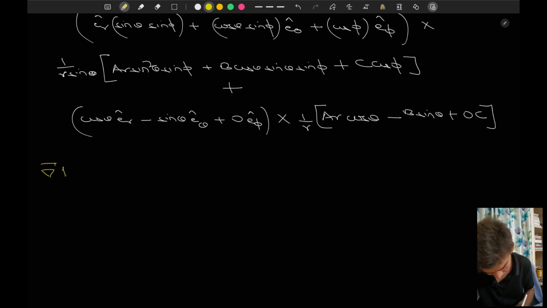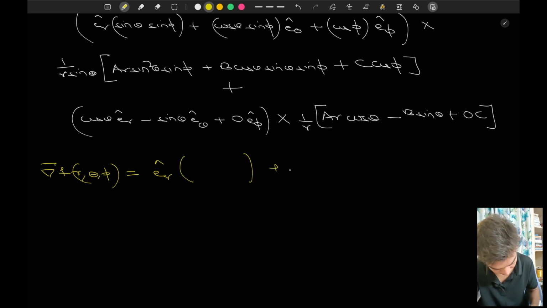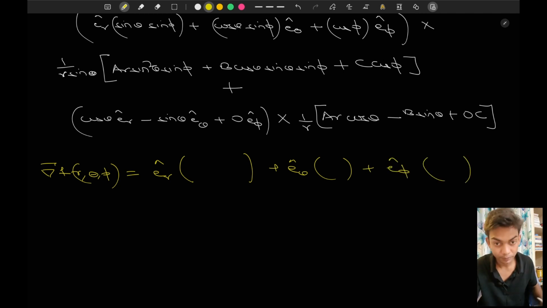First let me collect my e_r term. So this is now my gradient as a function of r, theta, phi, because we have just replaced everything with r, theta, phi, right? So I will have e_r and something, plus e_theta and something, and plus e_phi and something, right? All I need to do is to collect these terms.